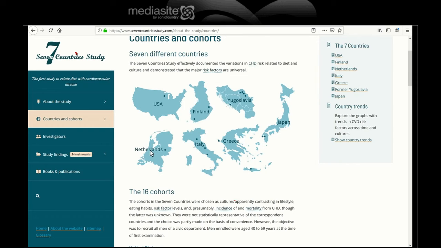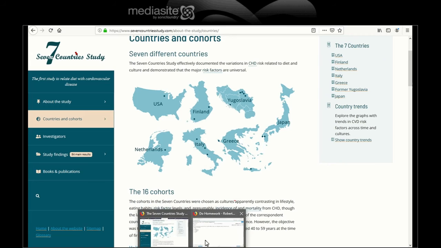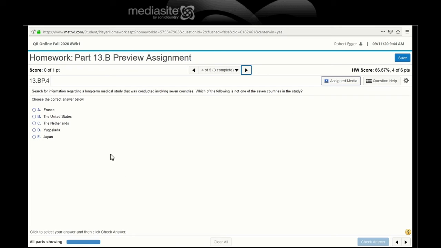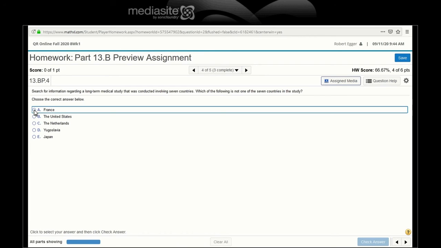Not all Mediterranean. So from these names, which one on the list is not on that list? France, s'il vous plaît. France was not on the list.